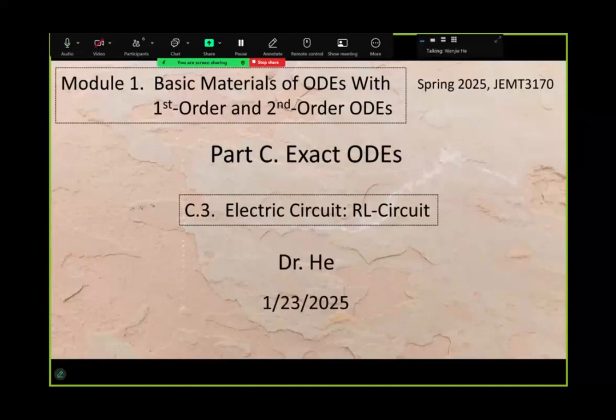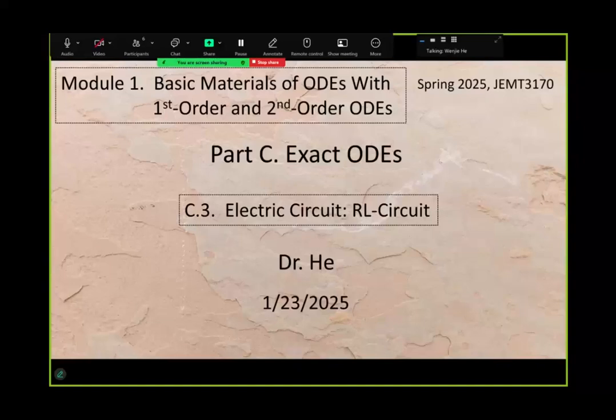And when we work on electric circuits, there are several types. Remember, we have three basic components: R-type component, L-type component, and C-type component. So R, L, C. For our first example, we call it an RL circuit.